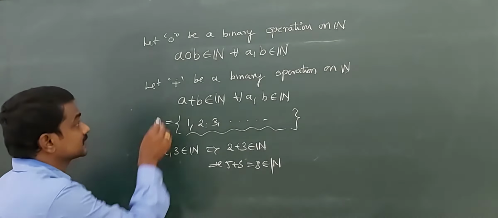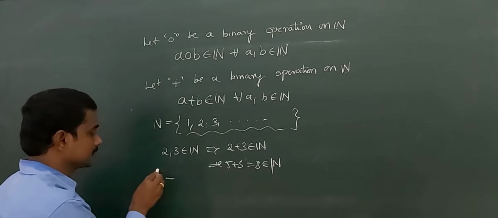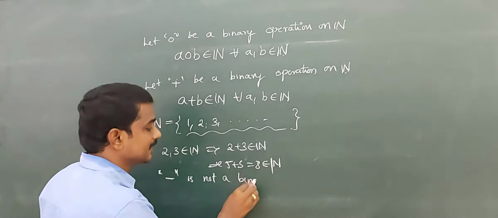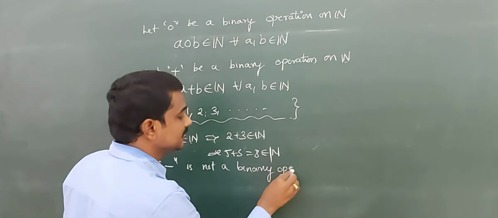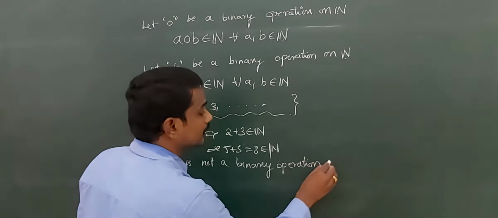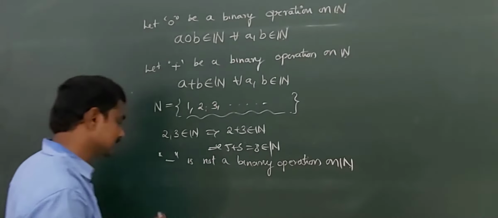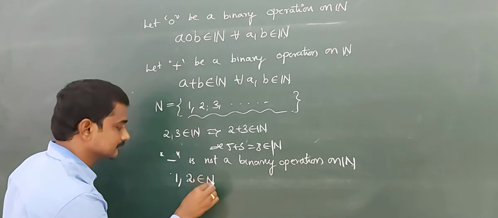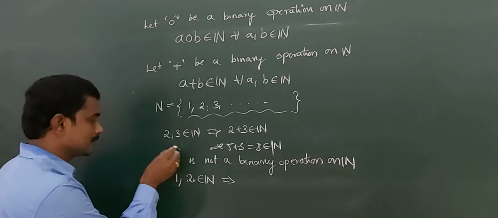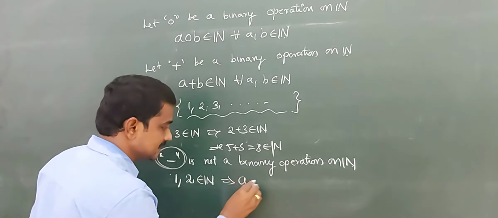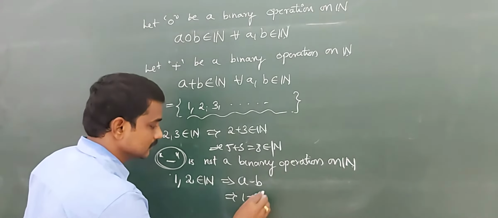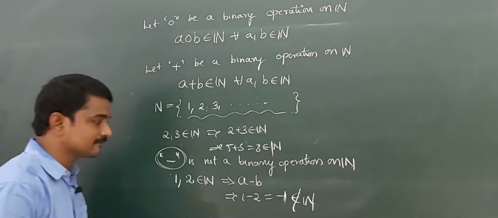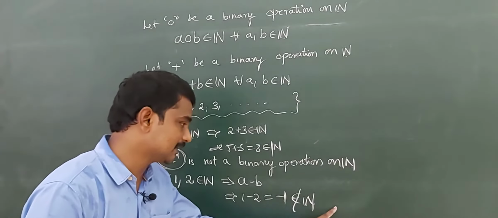For example, subtraction, minus, is not a binary operation on N, because for example 1, 2 belongs to N, that implies operation means subtraction, అంటే a minus b, that implies 1 minus 2. 1 minus 2 is minus 1, which does not belong to N. N means set of all positive numbers 1, 2, 3, and so on.